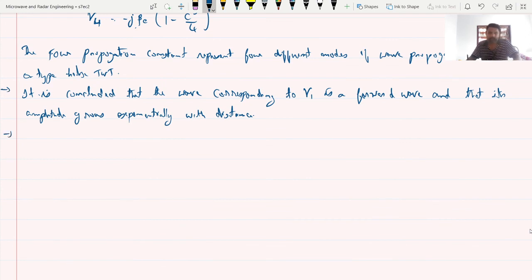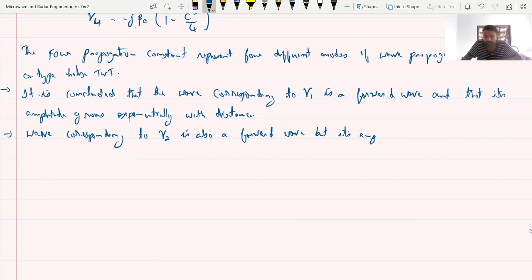The second one: the wave corresponding to gamma 2 is also a forward wave, but its amplitude decays exponentially with the distance.